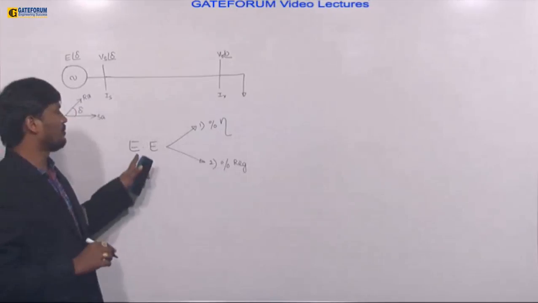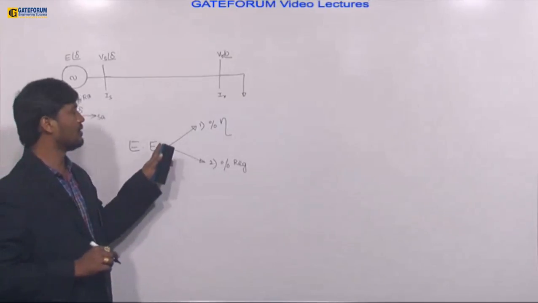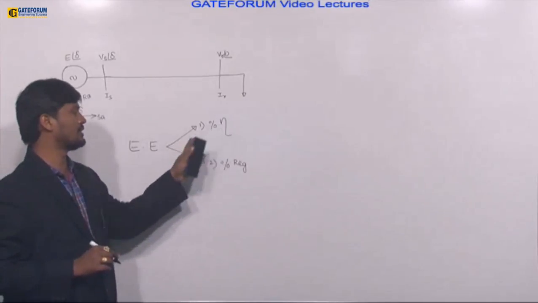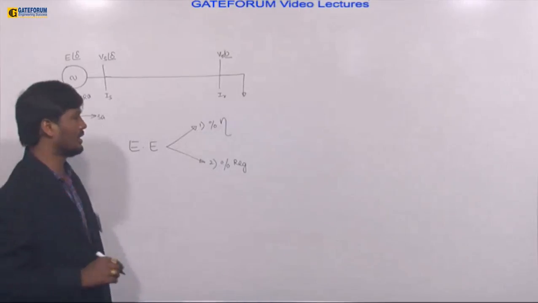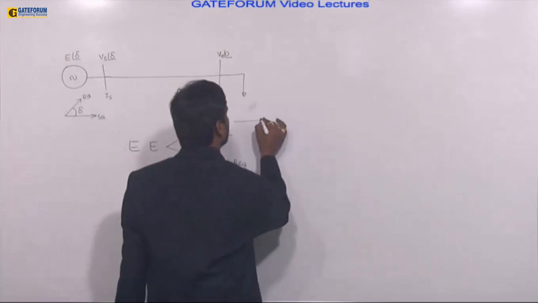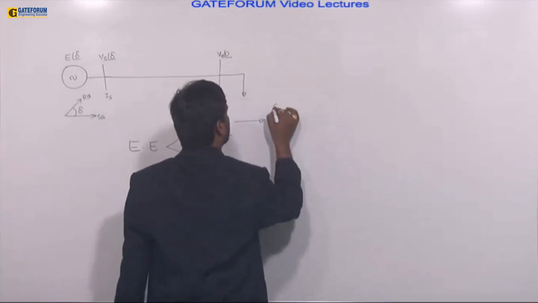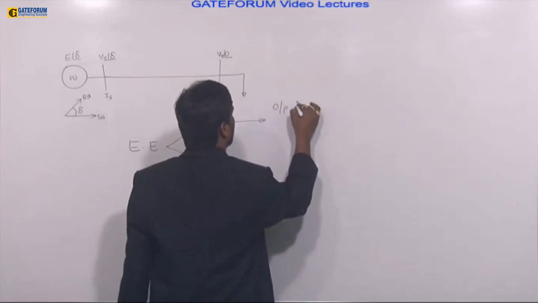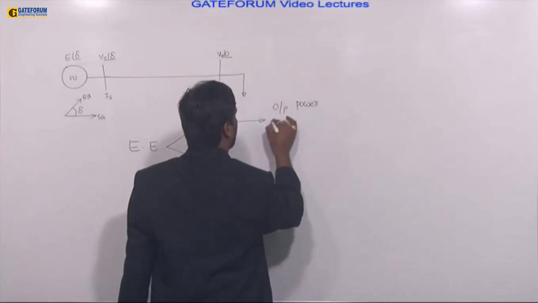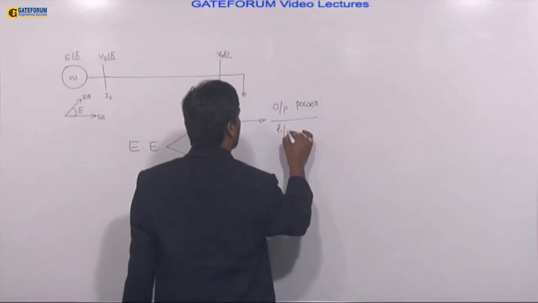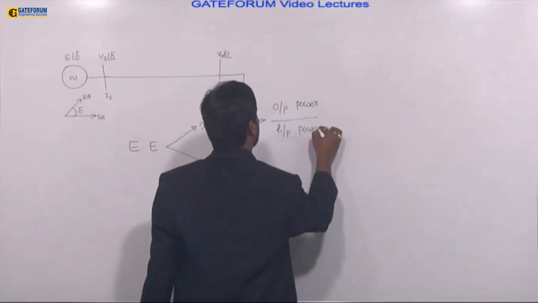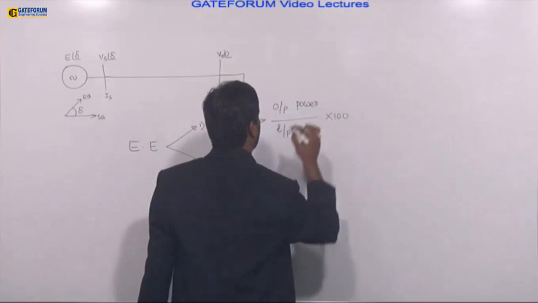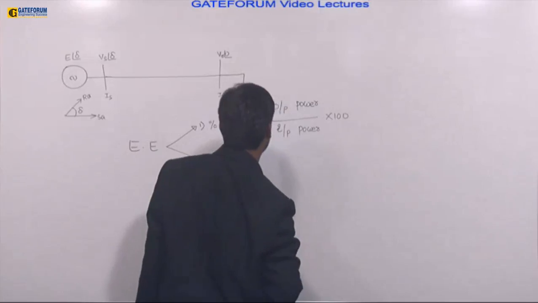We know for any system percentage efficiency is output power divided by input power, into 100.